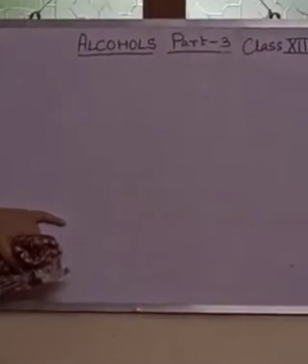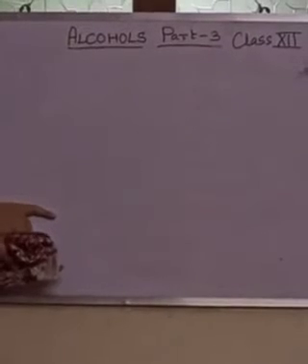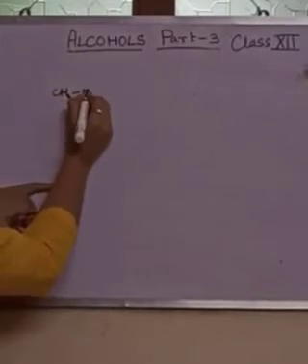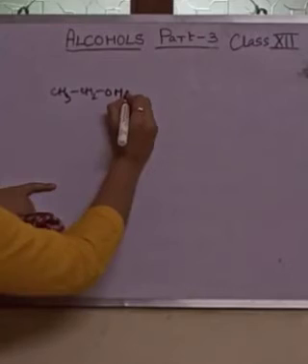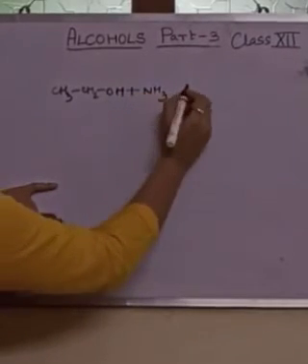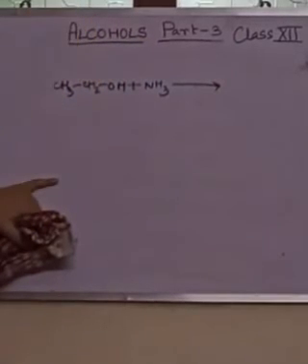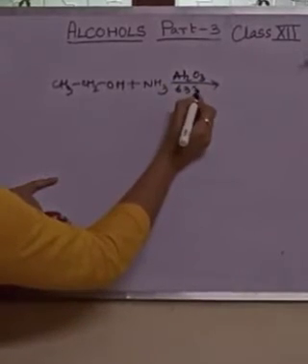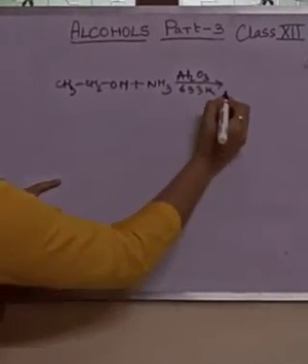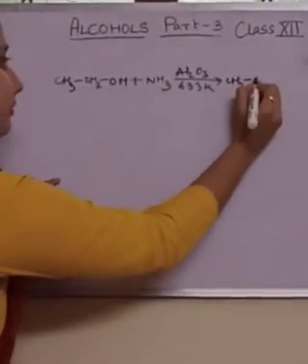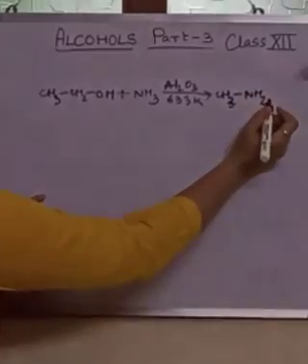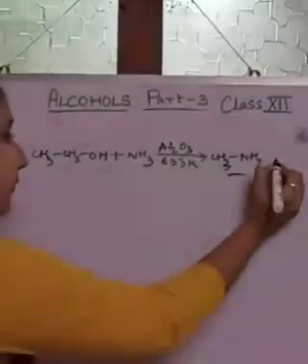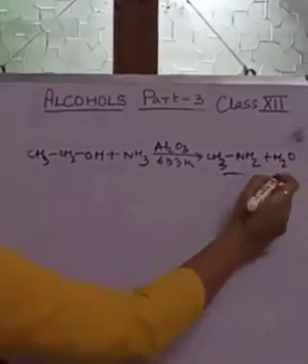Alcohols react with ammonia in presence of Al2O3, resulting in the formation of amines, with water as byproduct.